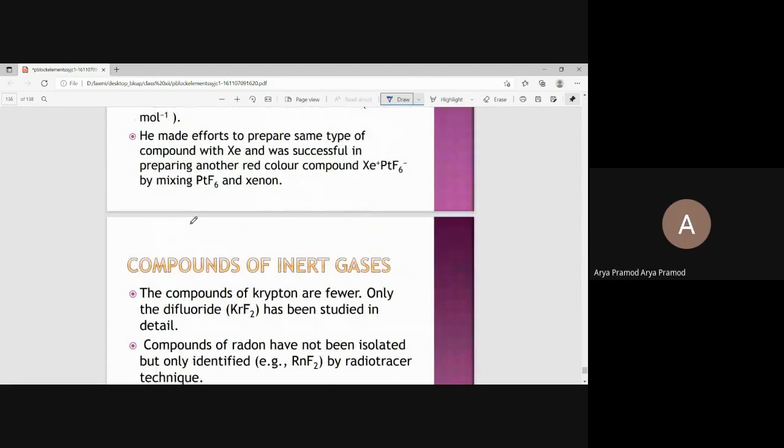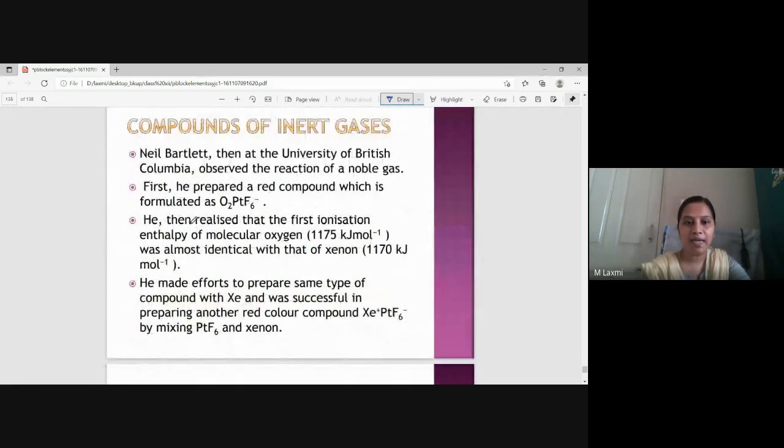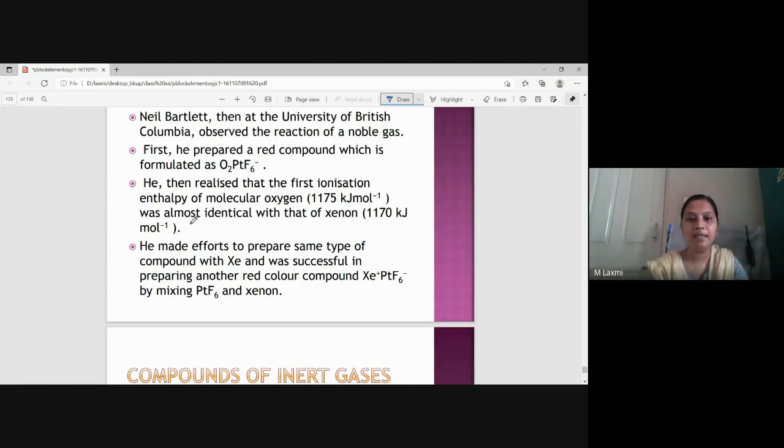Okay, but still I will just highlight here because you want to know which element of group 18 undergoes chemical reaction. Like how compounds were prepared from group 18. He tried to mix platinum hexafluoride with xenon and got a complex compound.